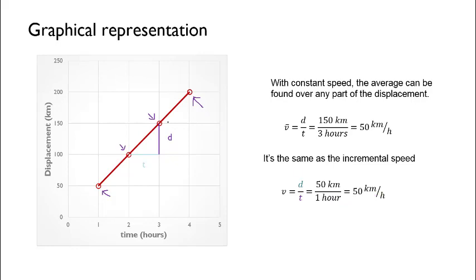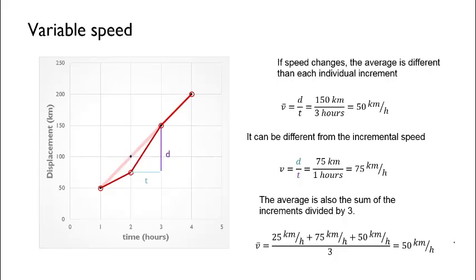You can do it for any of the increments in here. I do want to call to your attention that we don't have a direction, so technically this is speed and not velocity, but it would be confusing to use s as a variable, as we're going to use it for time as well, so I will avoid doing it at this juncture.